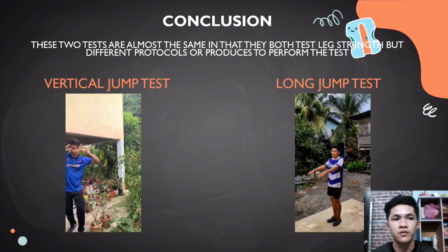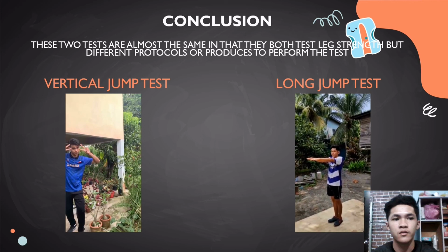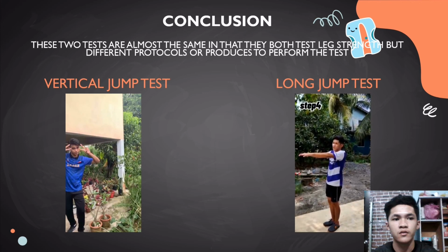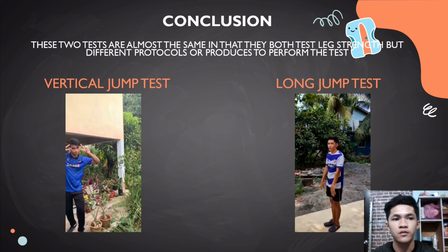Okay. Step 3, the subject swings hands forward with knees straight. Step 4, the subject jumps as far as he can using 2 feet.